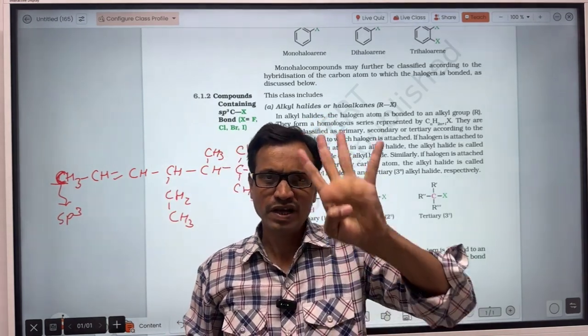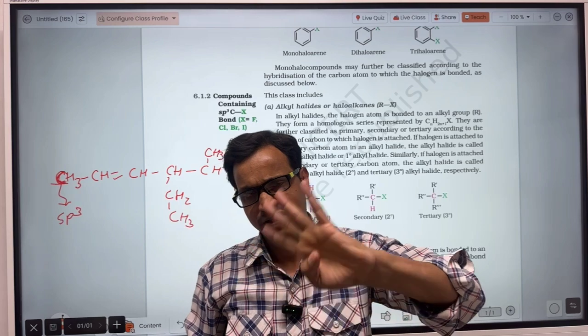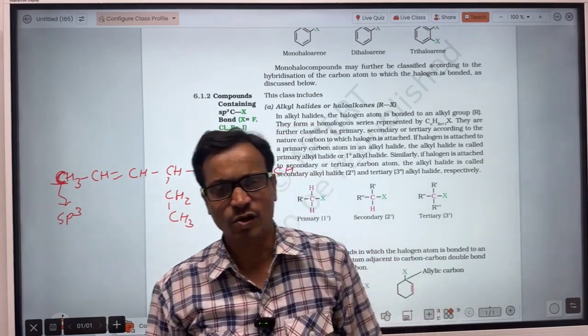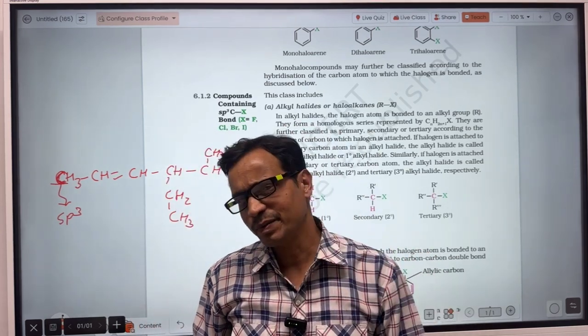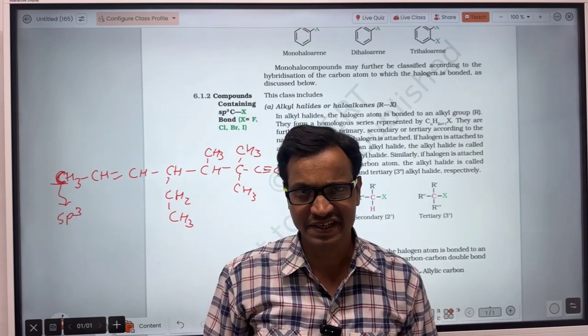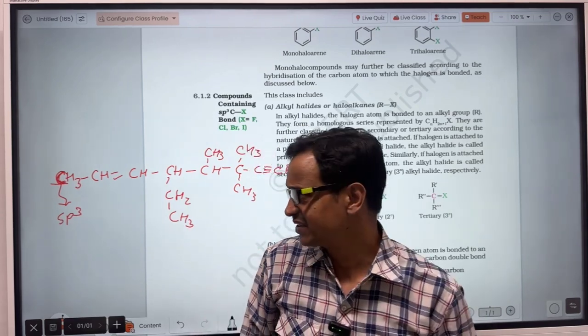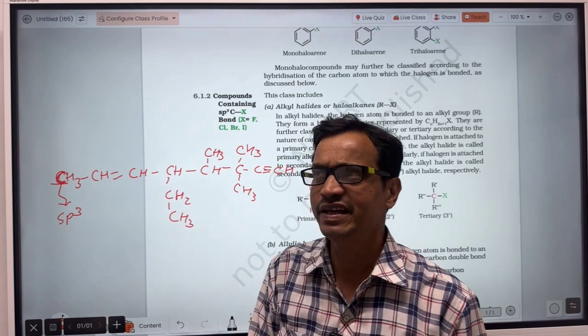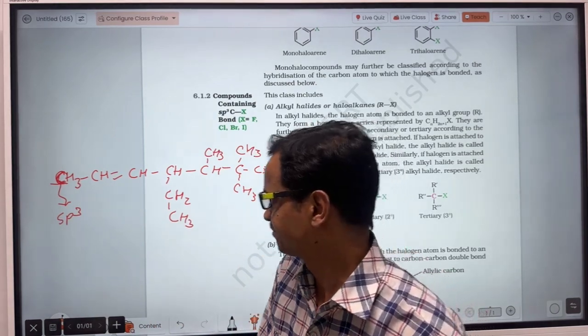Since only one orbital of s and 3 orbitals of p participated in the hybridization, the hybridization of this carbon atom will be sp3.